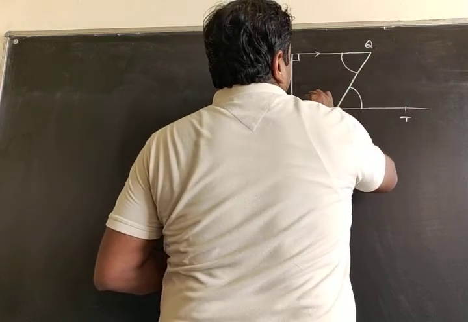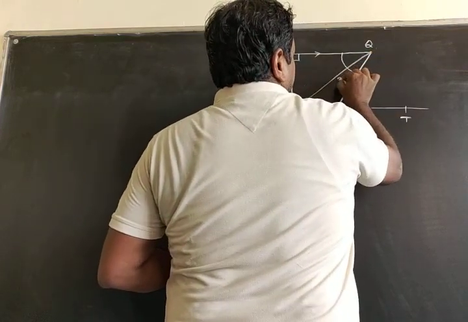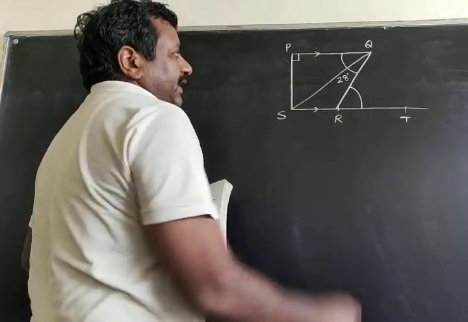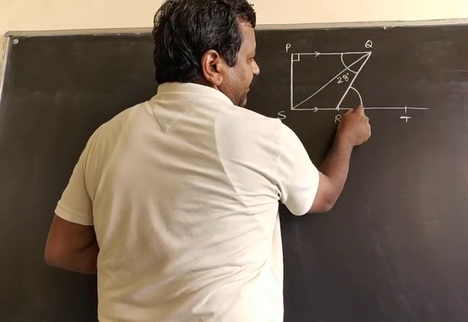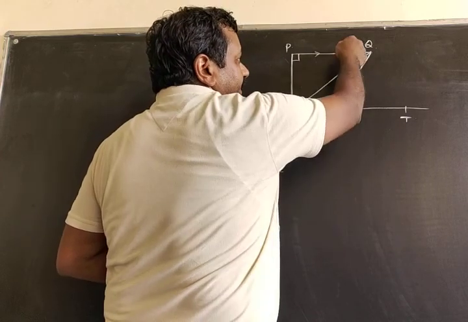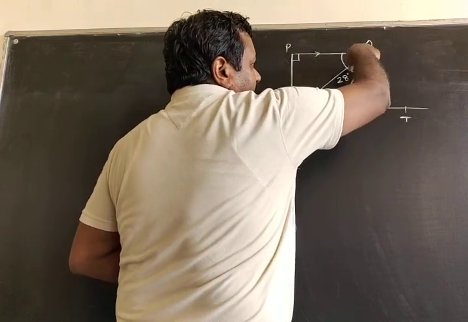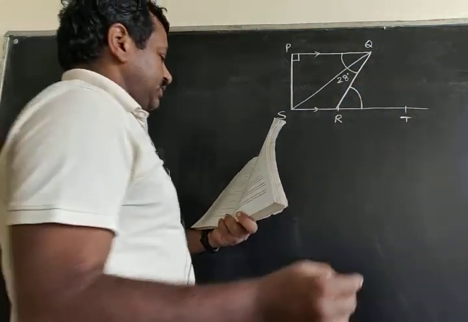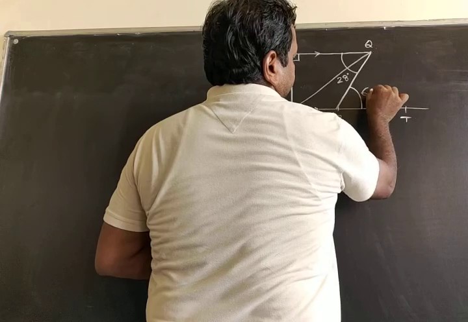This angle is given 28 degrees. So don't take this 28 with this angle. They are not alternate interior angles. Alternate interior angle means that this complete angle will be equal to this complete angle. This is 65 degrees.